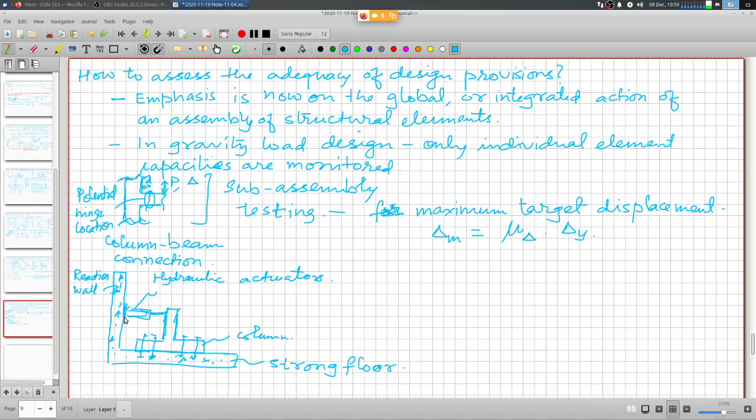With these actuators, they can be operated in load control or displacement control.